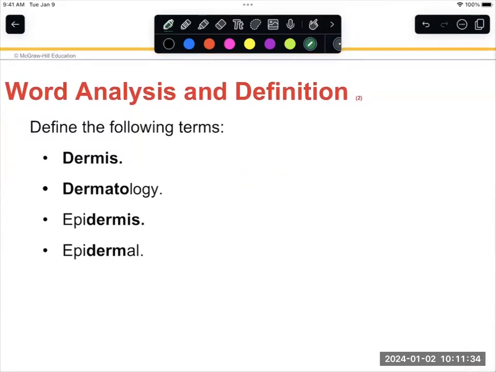So dermatology is the study and treatment of the integumentary system. It's not just the skin, so it could deal with the hair, could deal with the nails.